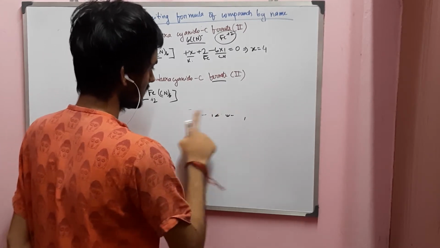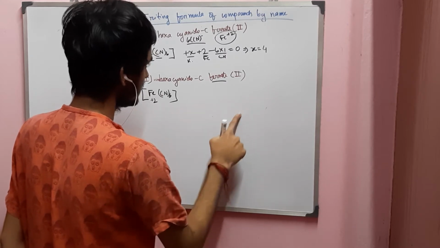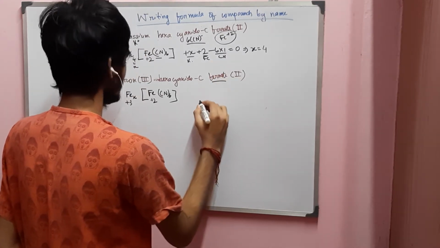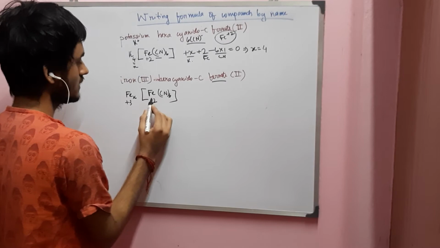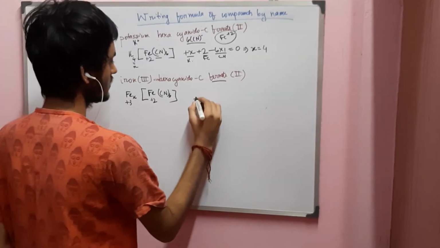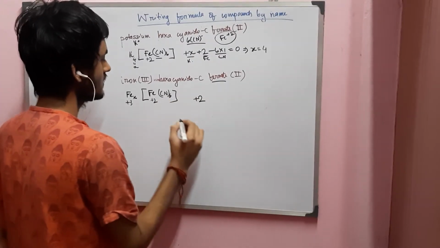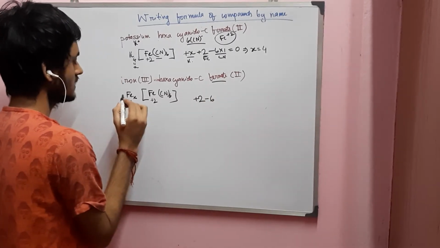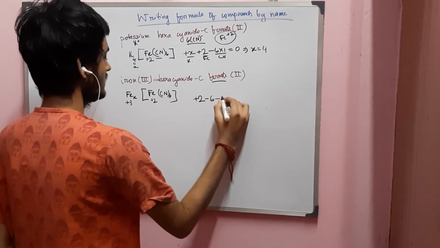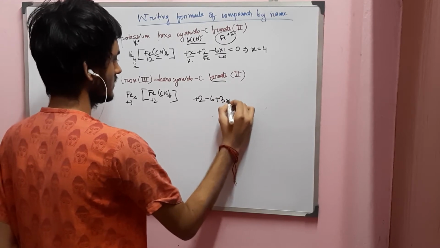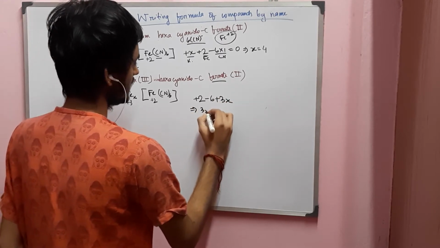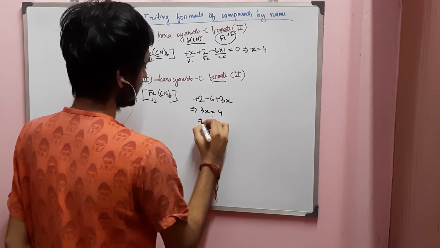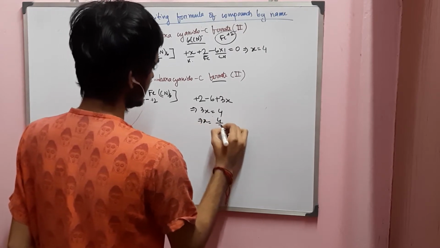Actually, the addition of both will be 0. The charge on this Fe is plus 2, the charge on CN is total minus 6, and the charge on this Fe is plus 3x. So 3x is equal to 4, or x is equal to 4 by 3.